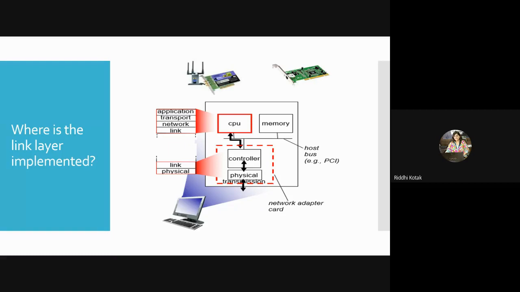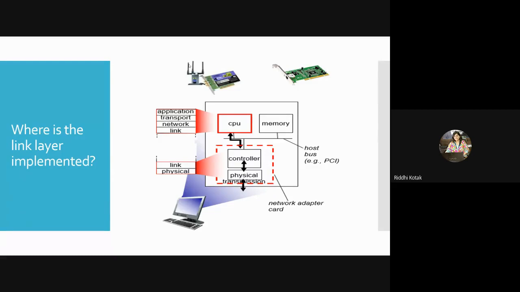So my point here is, where exactly does the data link layer provide its services? If we take a closer look at our computer system, it contains many components like a CPU, the central processing unit, and memory inside the device.